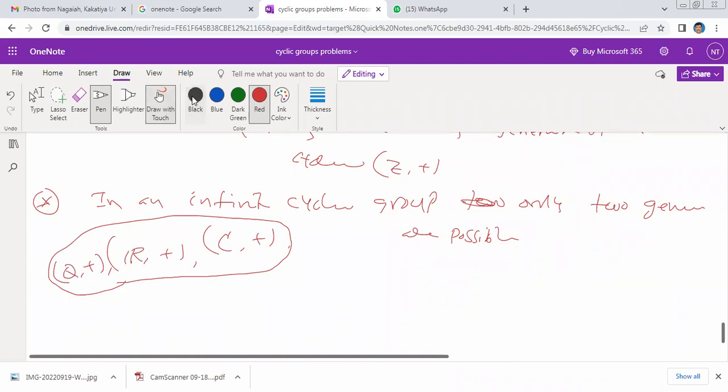No, sir. Are these not infinite cyclic groups? Think once. Q plus under addition is not a cyclic group, because in a cyclic group we have a power n such that n belongs to Z only. Irrationals come, irrationals come. These are infinite groups, but they are not cyclic groups.